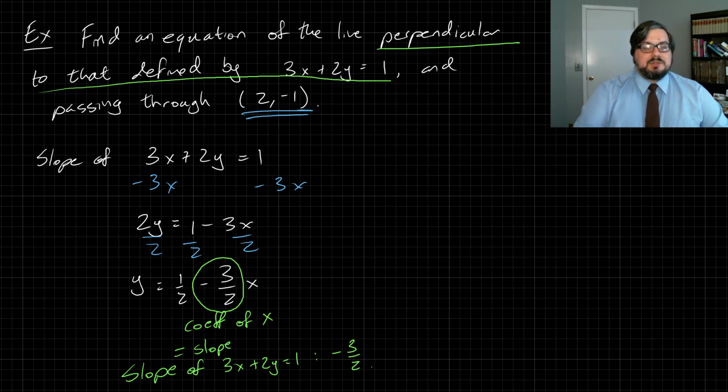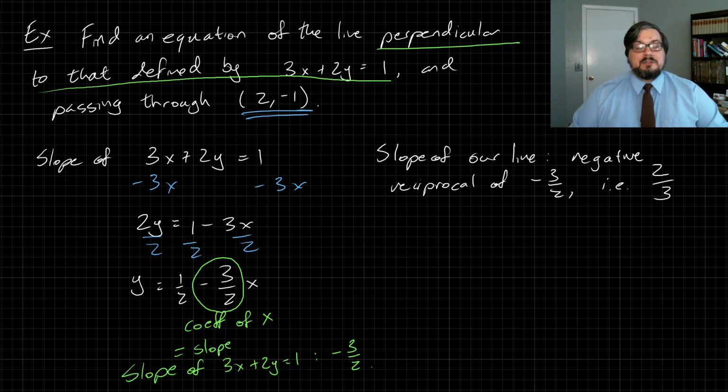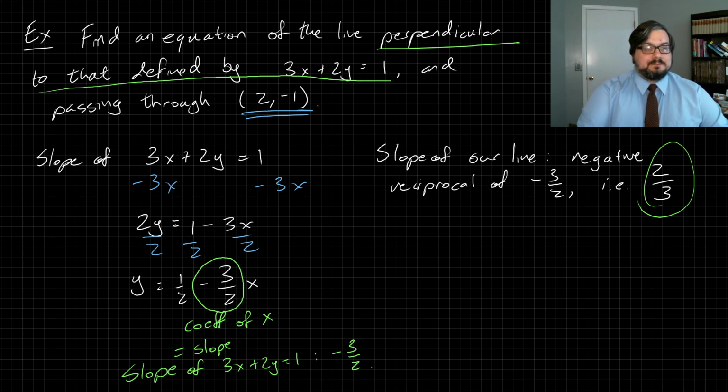Now that means that the slope of our line, the line that we're trying to find, has to be the negative reciprocal of -3/2, i.e. 2/3. So we take the reciprocal of the fraction and we change its sign. So we're looking for a line with a slope of 2/3 and that passes through the point 2, -1.